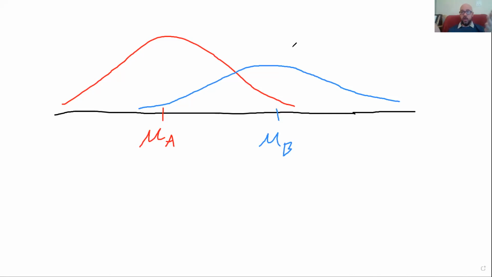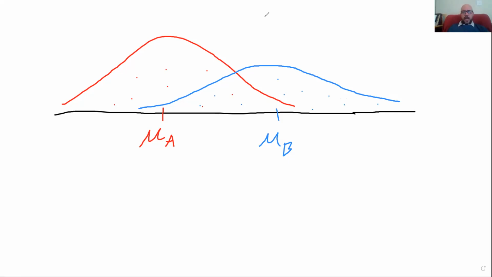In each case, I'm going to take some element in the red distribution over here, one of these infinite number of dots, and I'm going to subtract from it one of the blue dots. When I say subtract a dot, what I really mean is the x value of the dots.